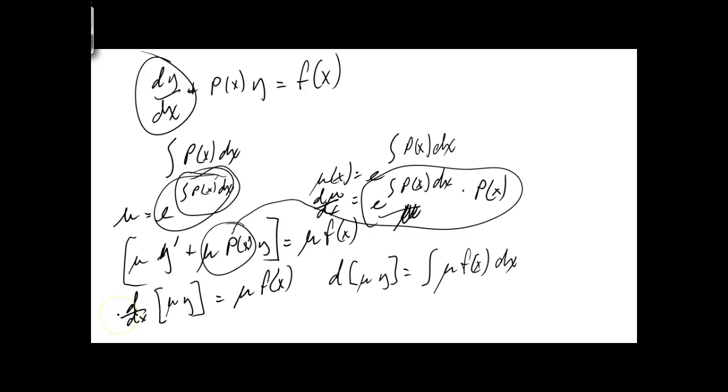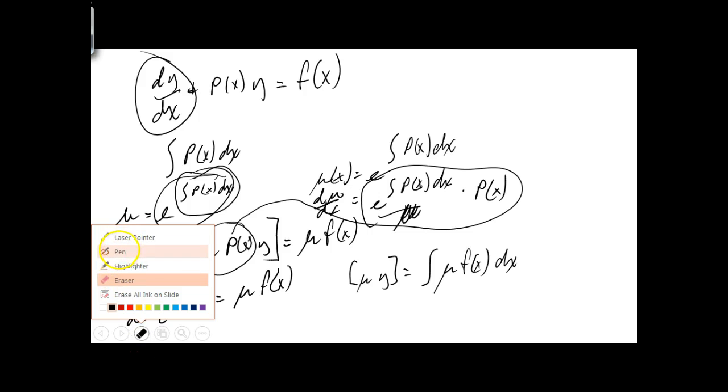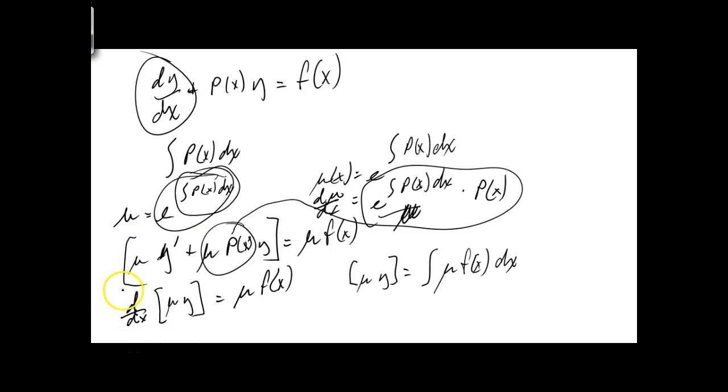Wait, I should have left that off. What we're doing is integrating both sides. We integrate this and we integrate this. Well, we multiply by dx, so to speak.